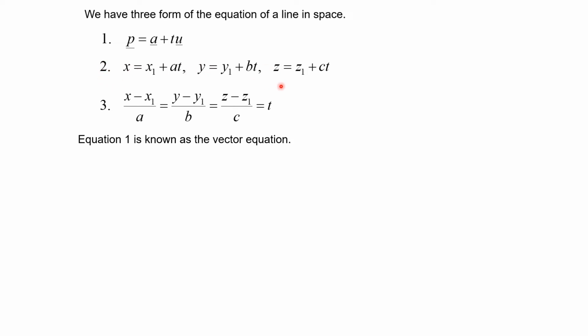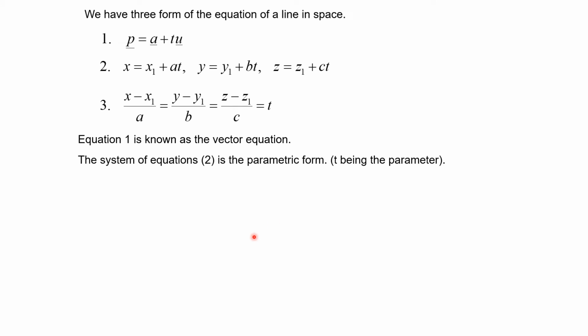Recall that we learned in chapter 1, equations that have t attached are normally called parametric equations. So the system of equations in number 2 is known as parametric equations, and t is the parameter. Each of x, y, z is expressed in terms of one parameter, t. That's why it's known as parametric form.